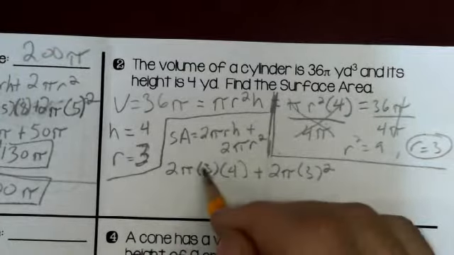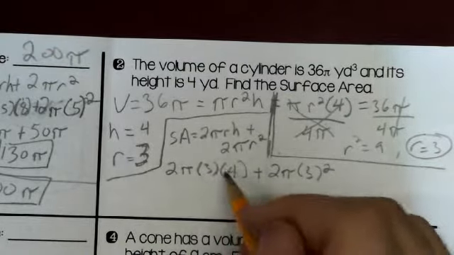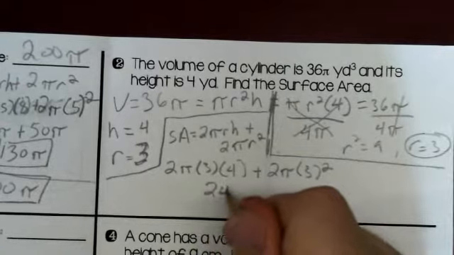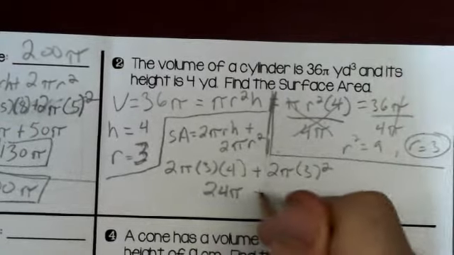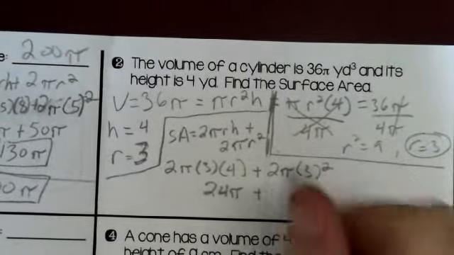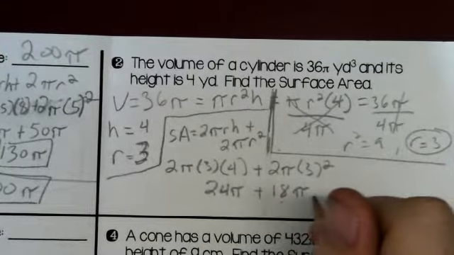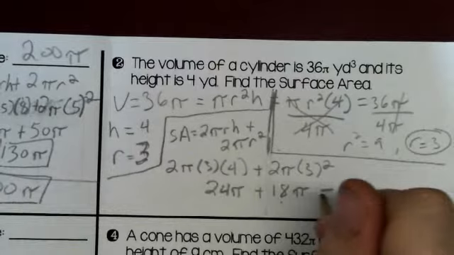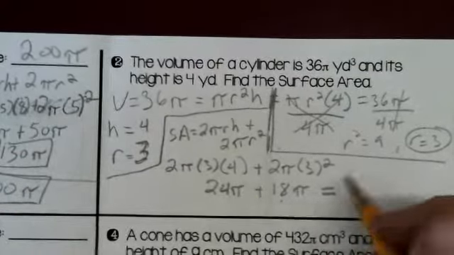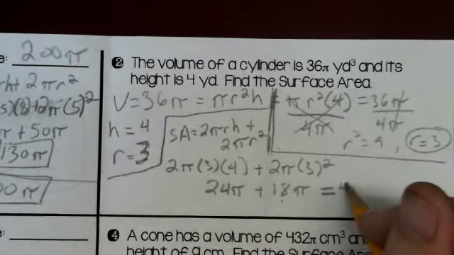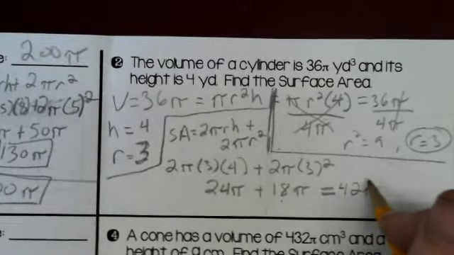Well, 2 times 3 is 6. 6 times 4 is 24, so that would be 24 pi. 3 squared is 9 times 2 gives me 18 pi, which equals 42 pi.